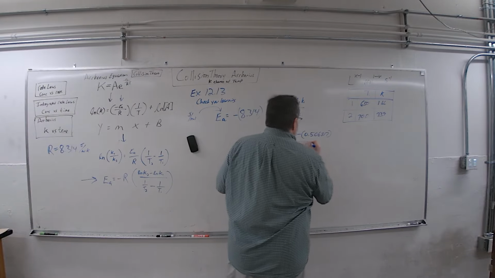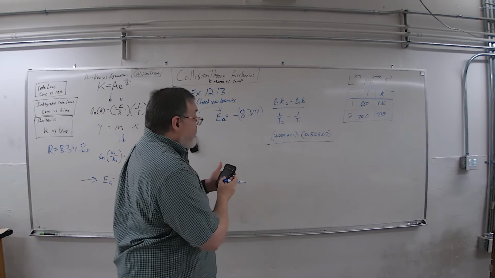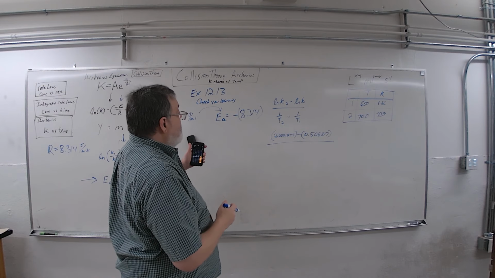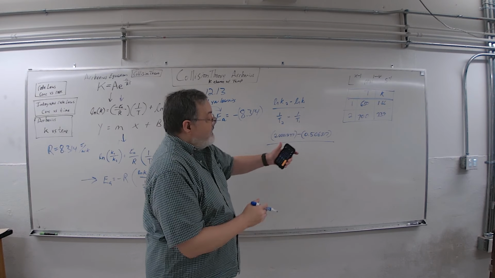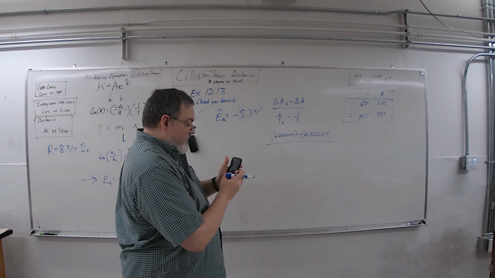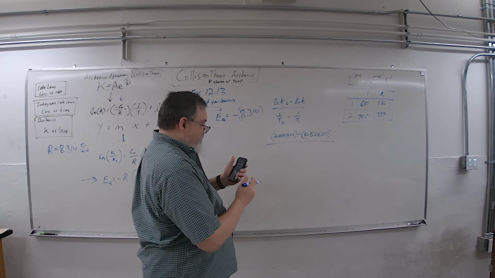I'll just keep a bunch of digits because I use log. 1 over T2, 700, 1 divided by 700.